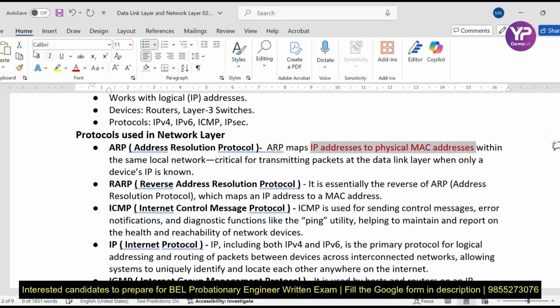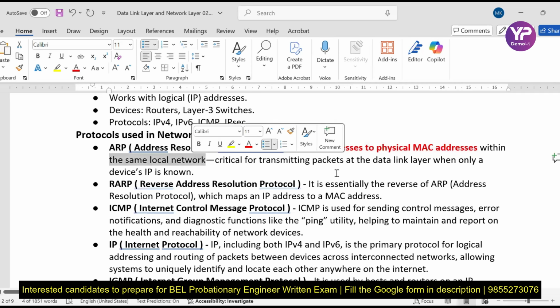That is the most important line. IP is a logical address, so ARP maps the IP to the MAC address it is currently assigned to, within the same local network.